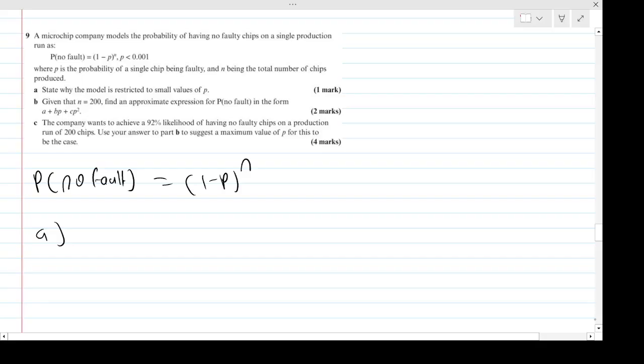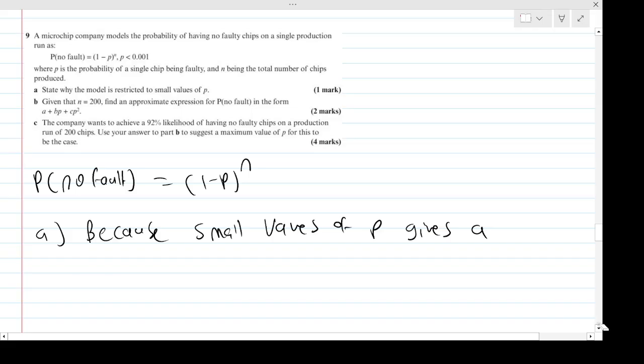So therefore our answer is going to be: small values of p give a valid, good approximation, which is what we discussed earlier, right? Okay.